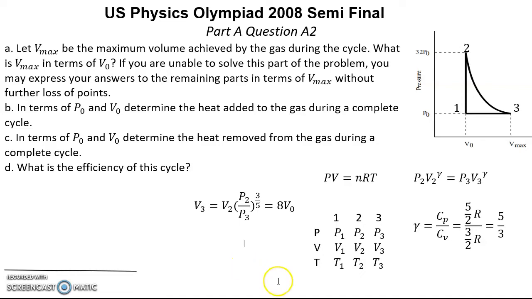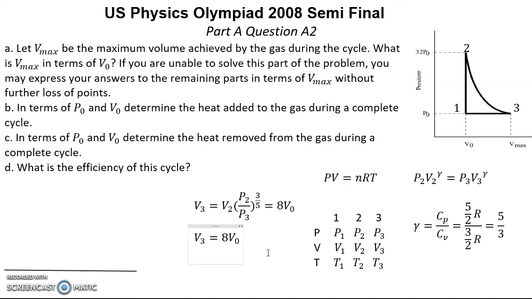We know that P2 equals 32 P0, P3 equals P0, and V2 equals V0. So when we put all these numbers in, we get just 8 V0. That's the answer for the first question.